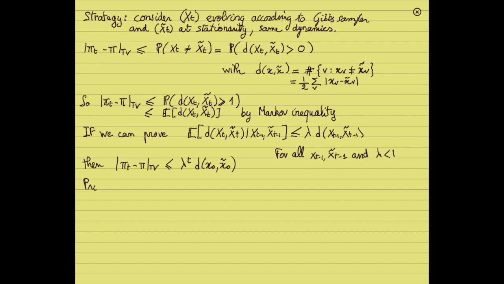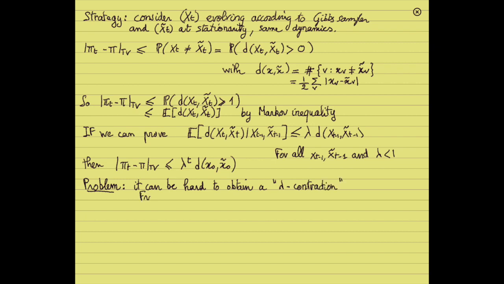So we would obtain a geometric ergodicity result, but the issue is that it can be hard to obtain a contraction by a factor lambda, such as above, from any pair of states x, x tilde.